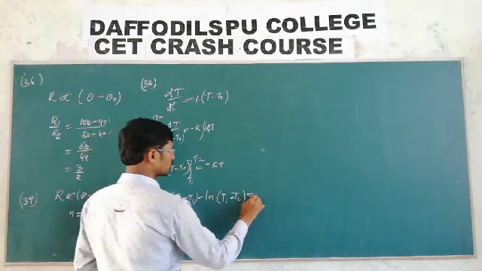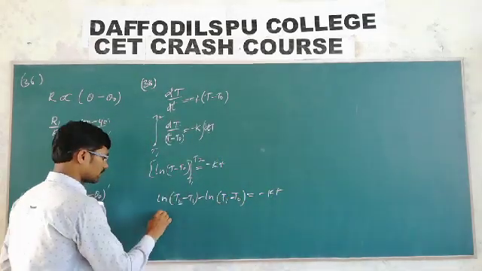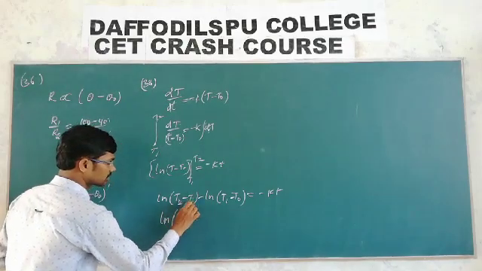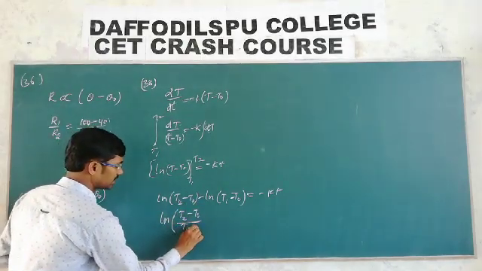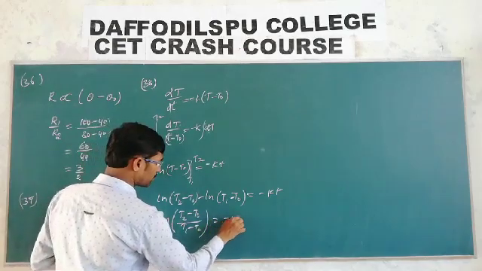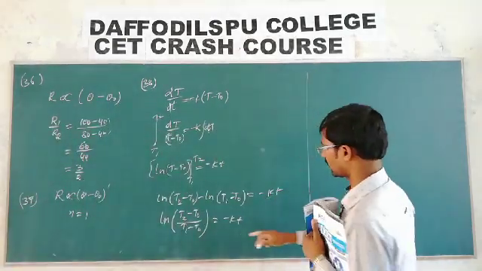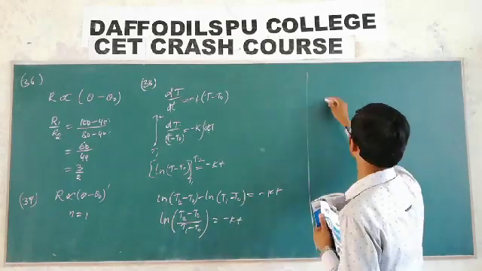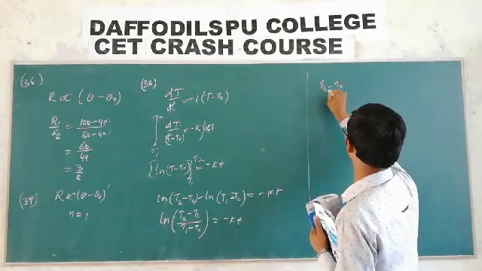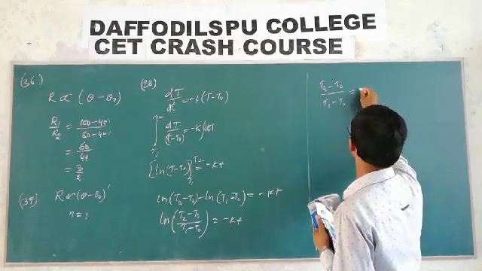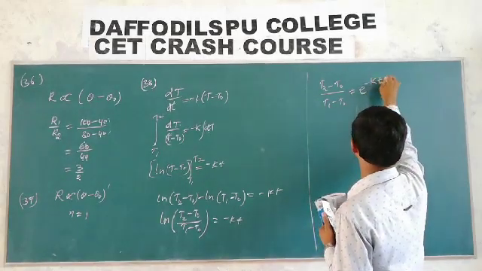So ln of (T2 minus T naught) by (T1 minus T naught) is equal to minus kt. This can be written as (T2 minus T naught) by (T1 minus T naught) is equal to e power minus kt.